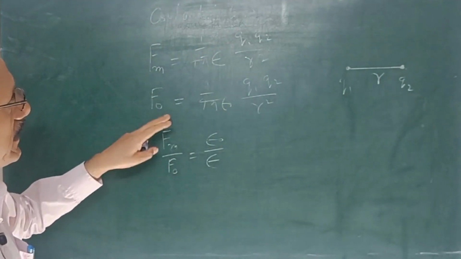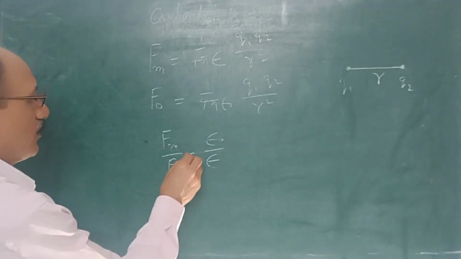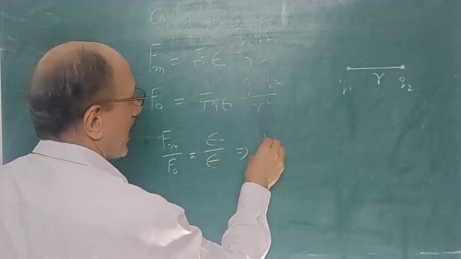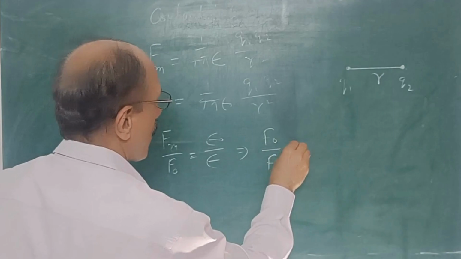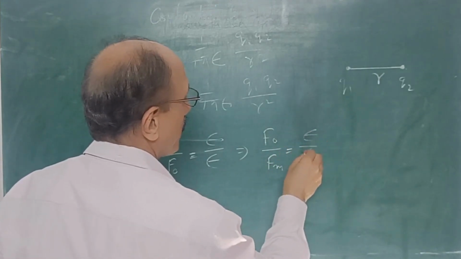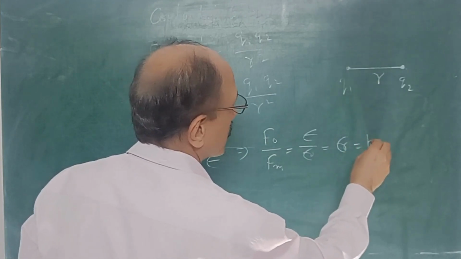The rest of the things get cancelled out. Or you can say F vacuum upon F medium will be equal to epsilon by epsilon naught, which is equal to epsilon r, equal to small k.